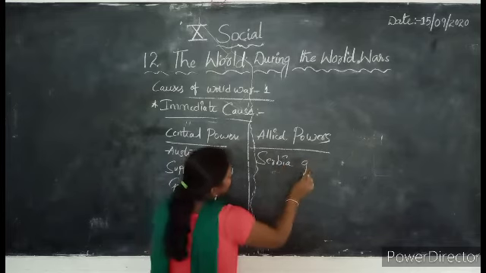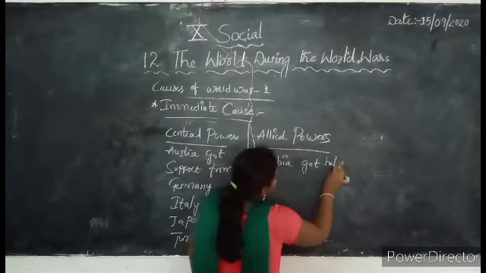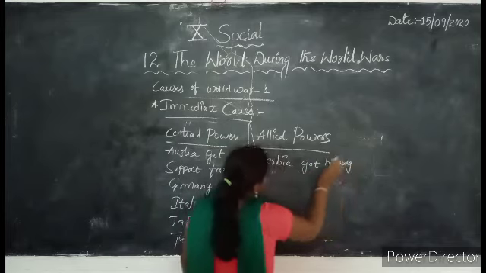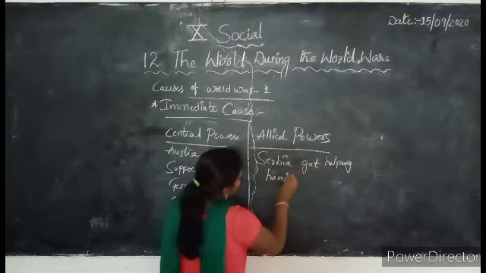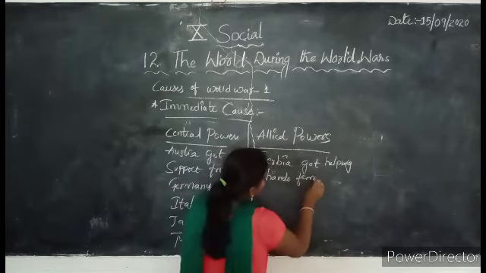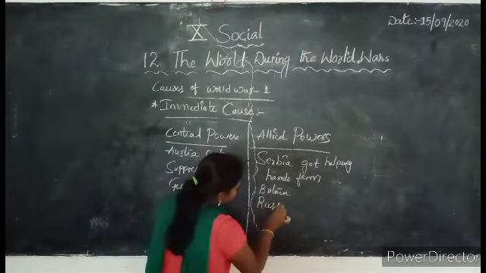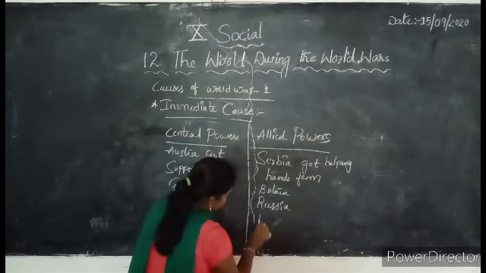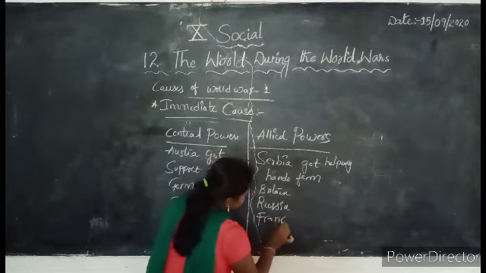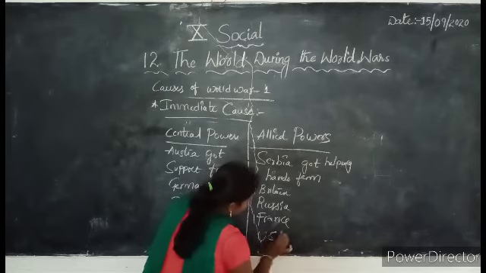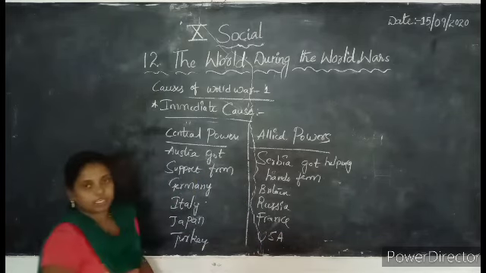So, the Allied powers: Serbia got helping hands from Britain, Russia, France and USA.